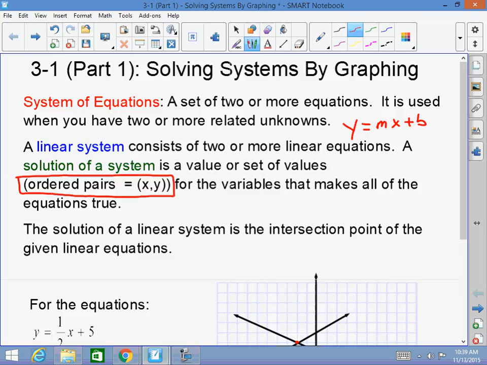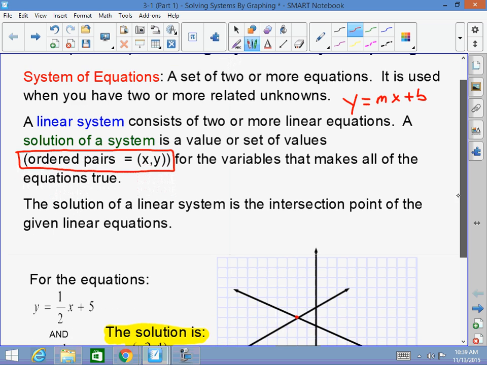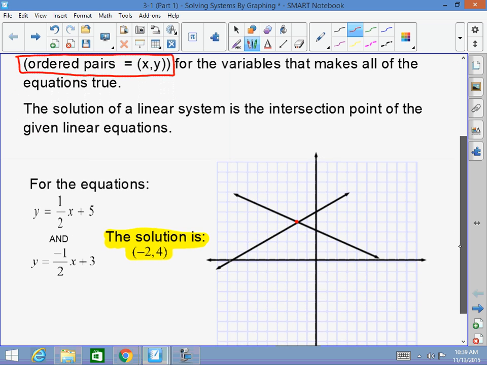It must be a solution to all of them. If it's a solution to one but not the other, I'm sorry, but it is not accurate. The solution of a linear system is the intersection point of the given linear equations.